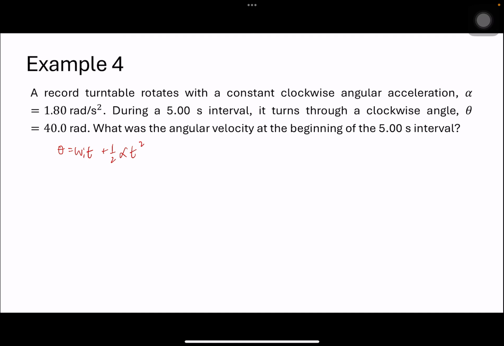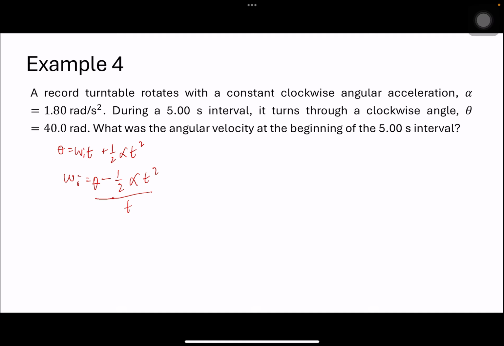We can solve for the initial using this equation. So substituting the values, transpose, and then divide by time, you'll get your initial angular velocity as theta minus 1/2 angular acceleration times time squared, divided by the time. Oh, we forgot the theta.